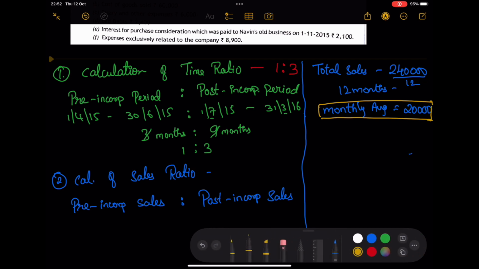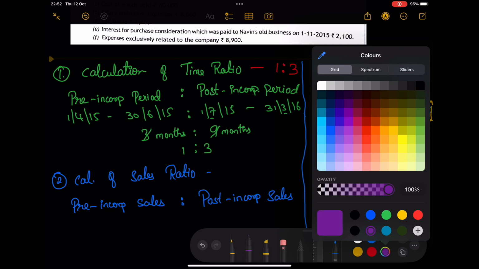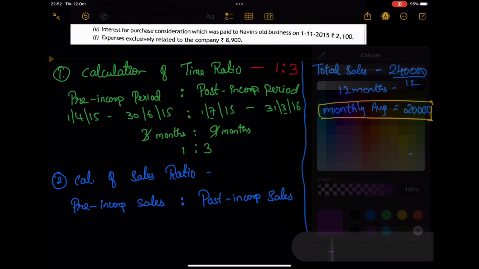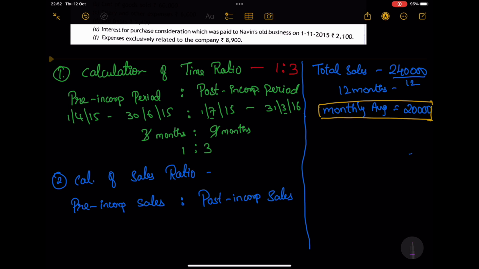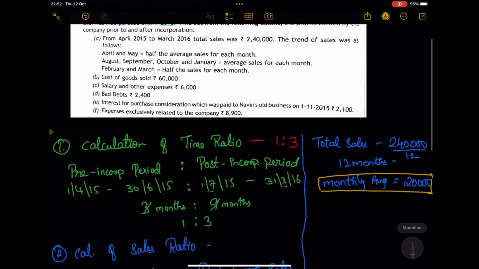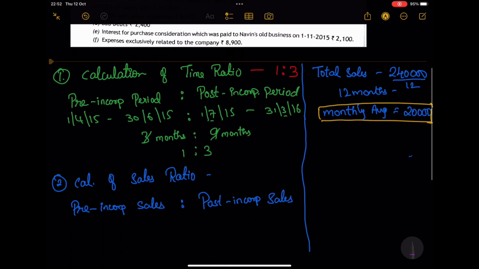So see what they have given in the question. In the question they have mentioned every month, isn't it? See, April and May half of average sales. August, September, October, January they have given average sales of each month. So how are we going to calculate? Based on the given basic details we will be calculating. So firstly I'll write all the month details over here.